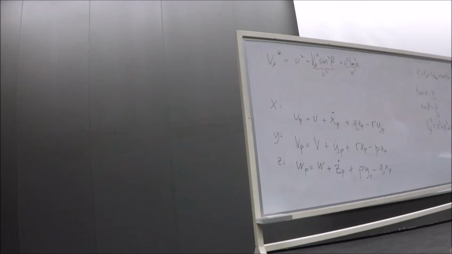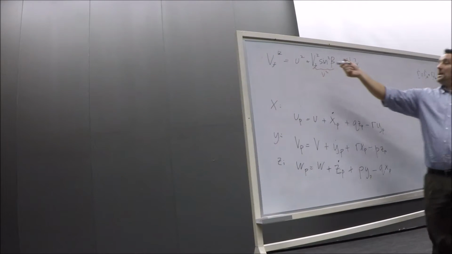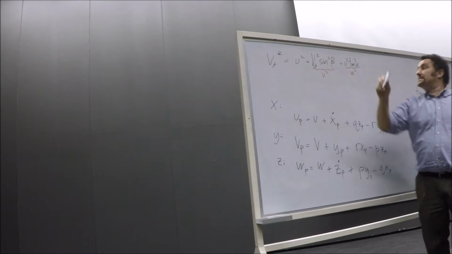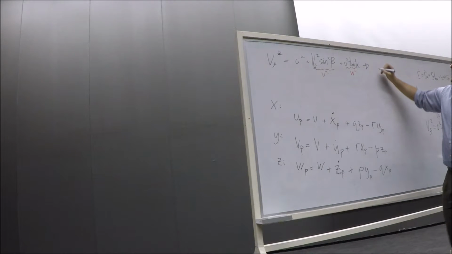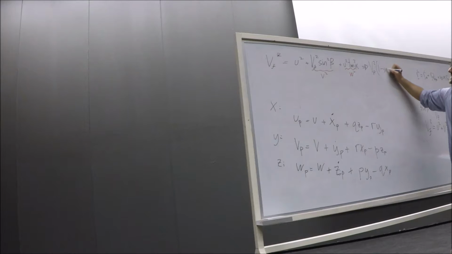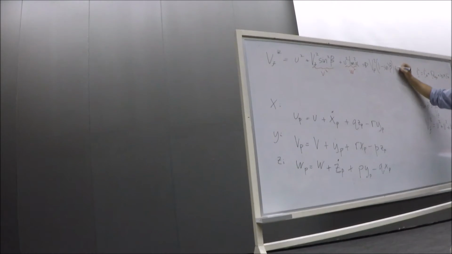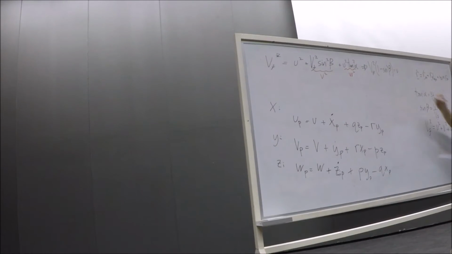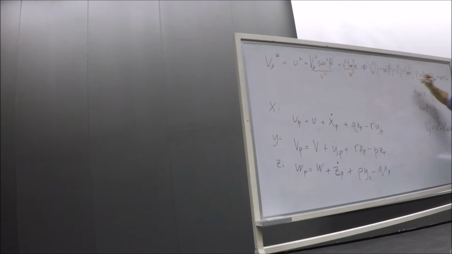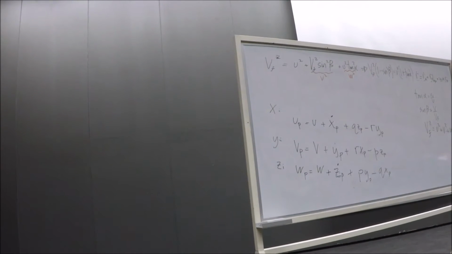So I can take the Vf square sine beta square to the left-hand side so that Vf square times 1 minus sine square beta is equal to u square, which multiplies 1 plus tangent alpha square.